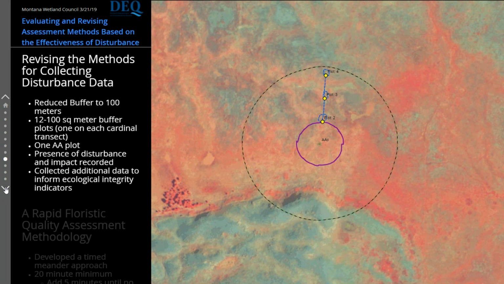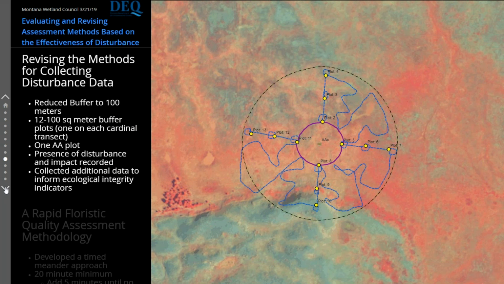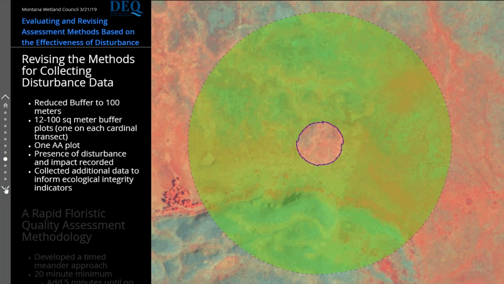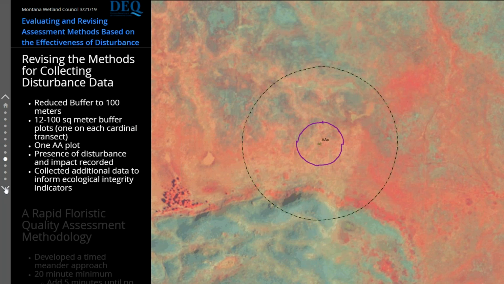Essentially what they have to do now is walk 4 transects. At 3 points along each transect, they set up a 10 by 10 meter plot, and they look at what disturbances are present in that plot. You mark it as present. And they also record the impact, or how likely that disturbance is to modify, degrade, or destroy the functions provided by the wetland they're sampling.